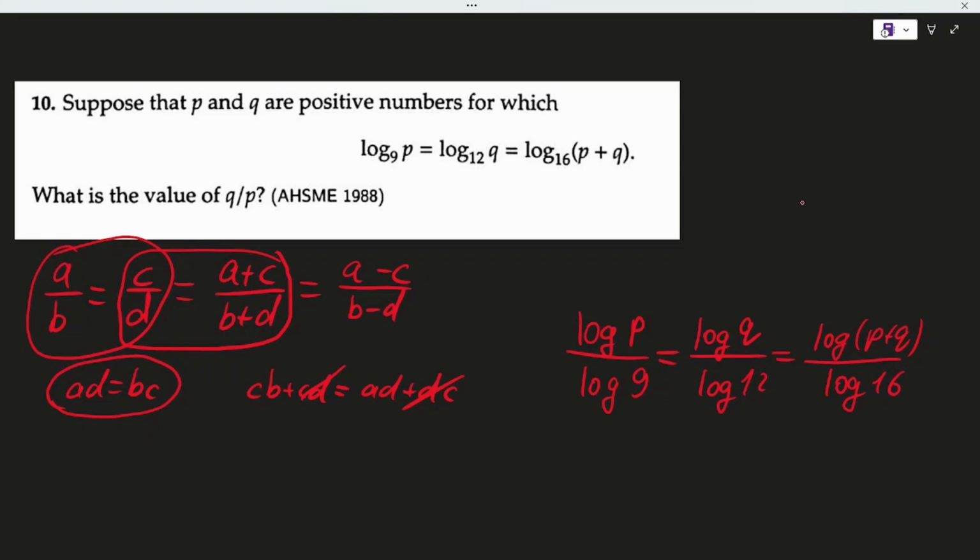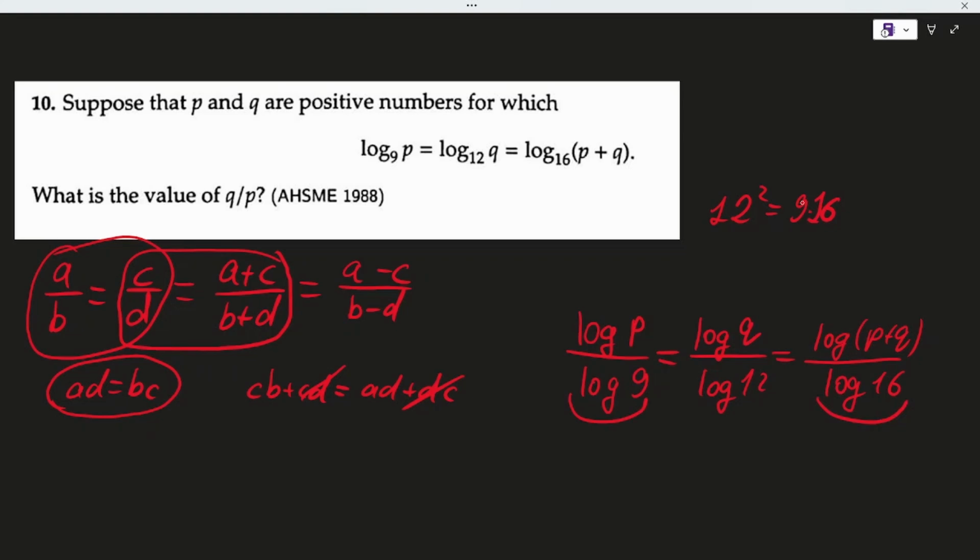And here we need to guess that 12 squared equals 9 times 16. Sorry, 9 times 16.